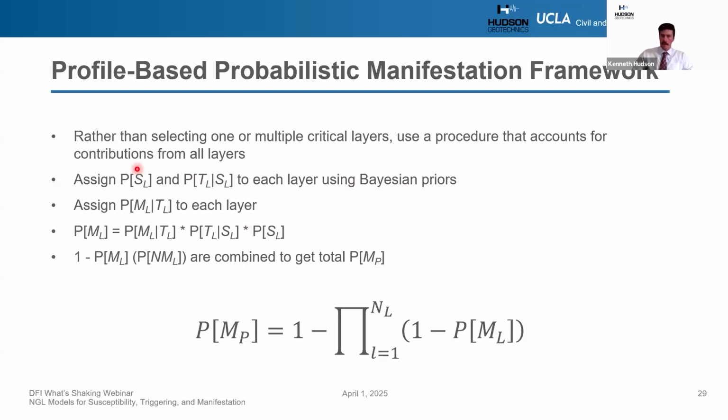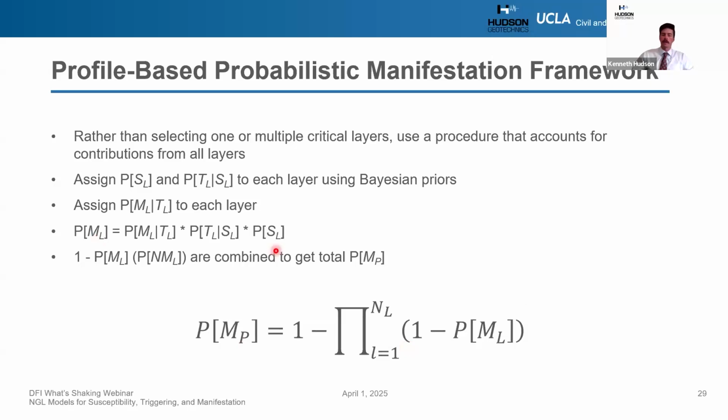And so we can establish those as Bayesian priors from laboratory tests, which we have a large data set of. And then we can assign the probability of manifestation conditioned on each layer triggering. What is the probability that that layer would produce manifestation? And if we multiply all of these three probabilities together, it produces a probability of manifestation of a given layer.